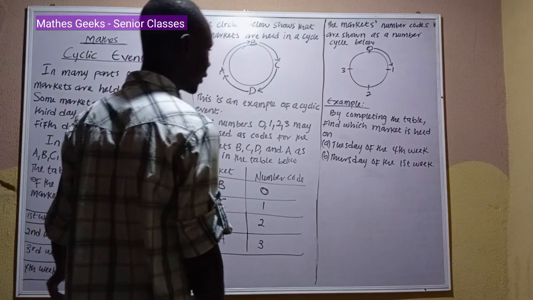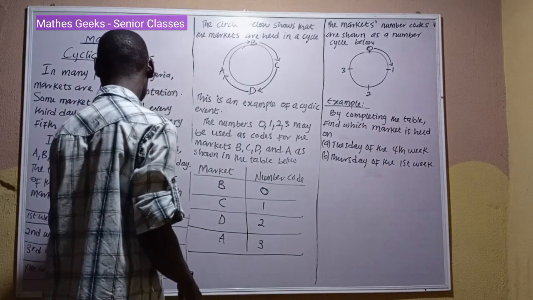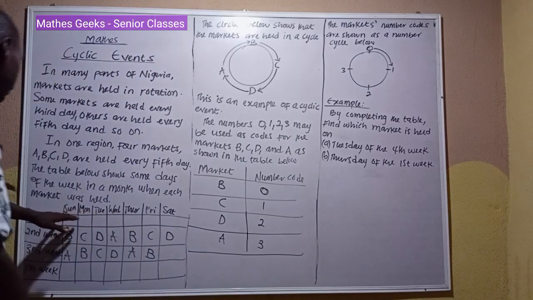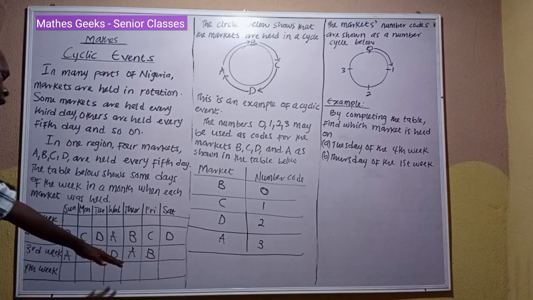So with that, let's take an example. By completing the table, which is not completed, we have empty boxes that need to be filled.